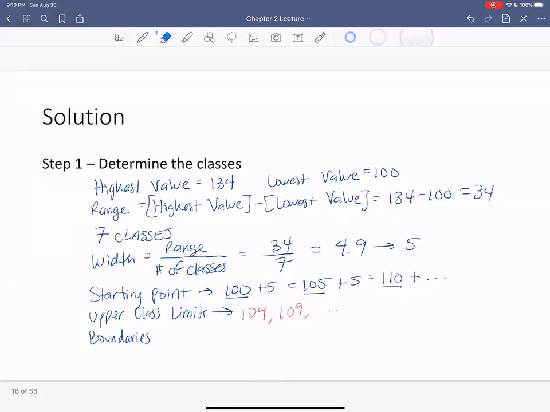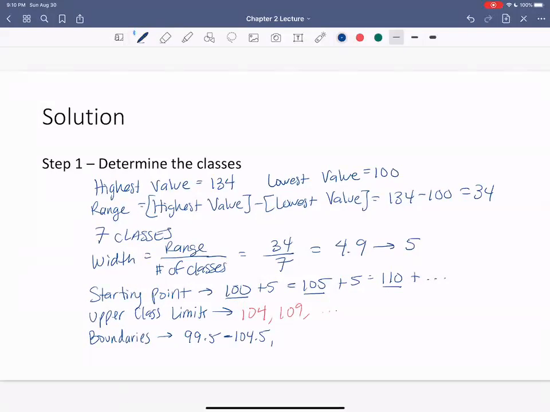In our case, it's all whole numbers. So we go from 99.5, because that is 1 decimal place lower than 100. And then our upper class limit is 104, so we go 1 above it, which is going to be 104.5.